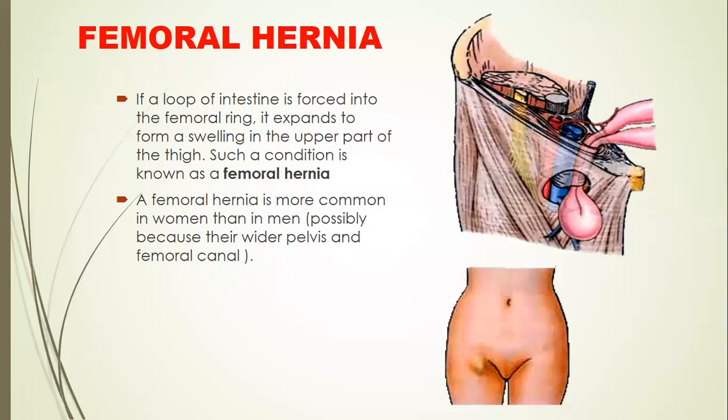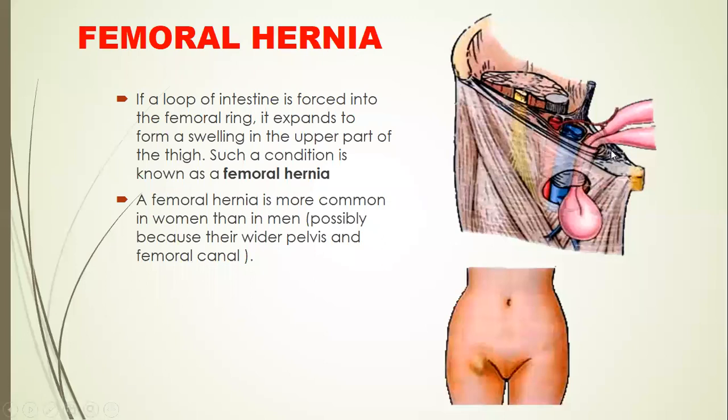The first reason is that the female pelvis is comparatively wider than the male pelvis, and second, the size of the femoral canal is also wider than the size of the femoral canal in males. So the wider femoral canal and the wider overall female pelvis are responsible for the femoral hernia.